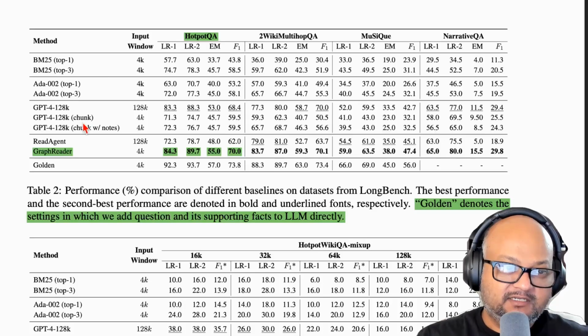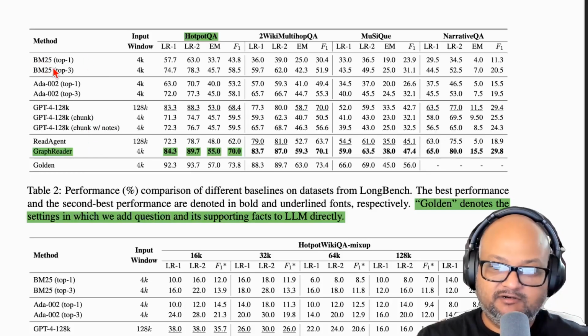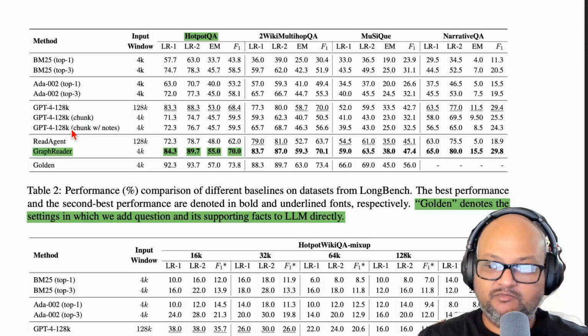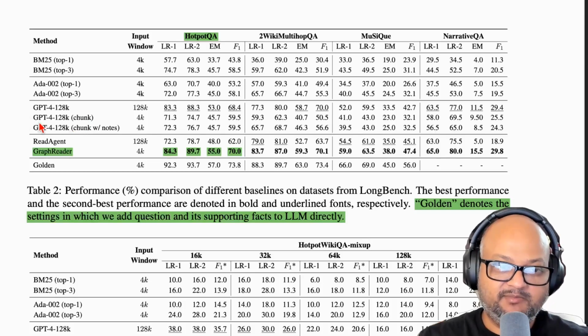And they're comparing several methods. They compare dense retrievers like BM25 with using the full 128K context of GPT-4, as well as using chunking or more traditional RAG with GPT-4.